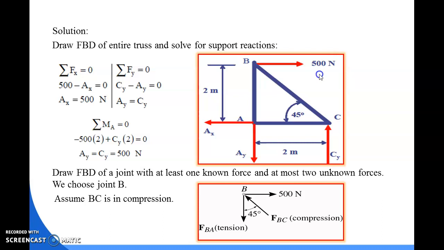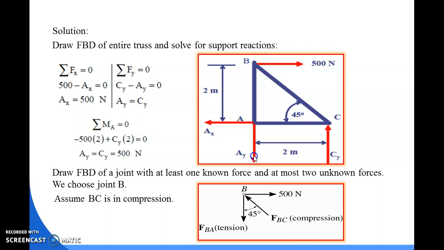According to the direction, we always take the right side direction of forces as positive and upward direction forces as positive. Similarly, the left side direction forces we take as negative and the downward forces as negative.